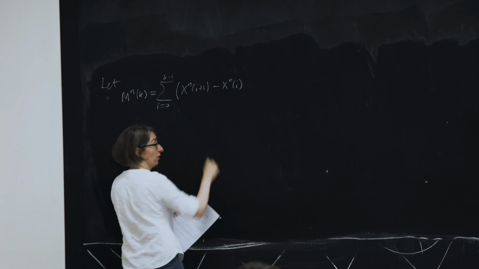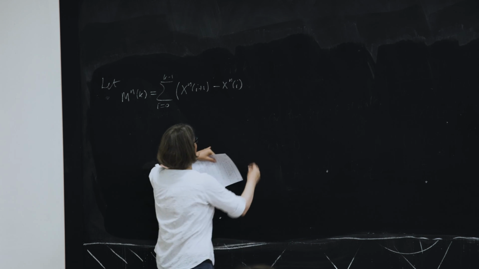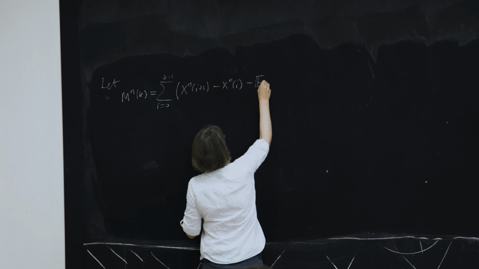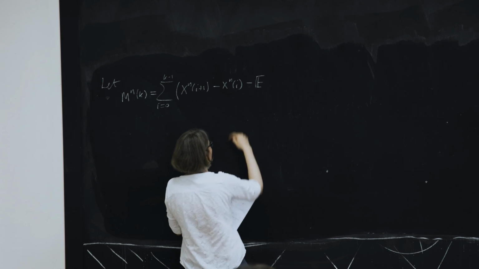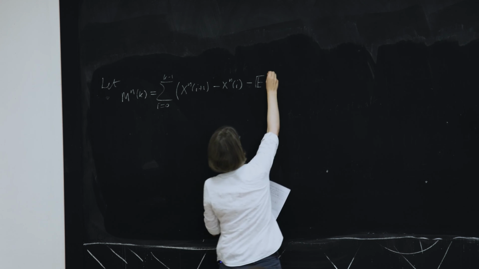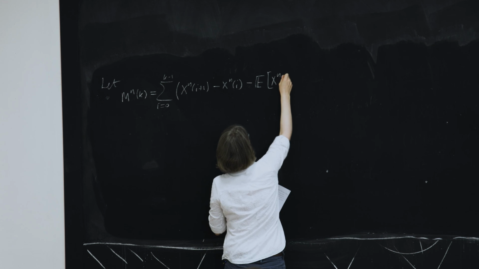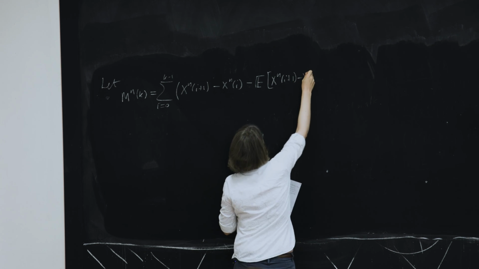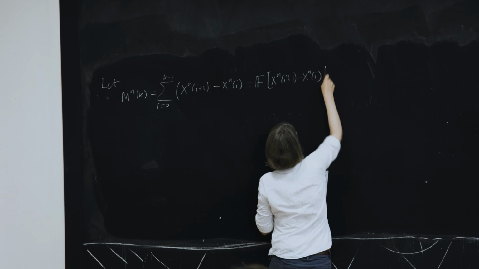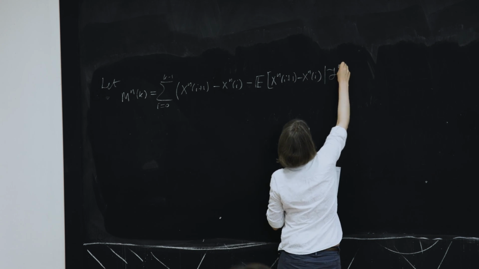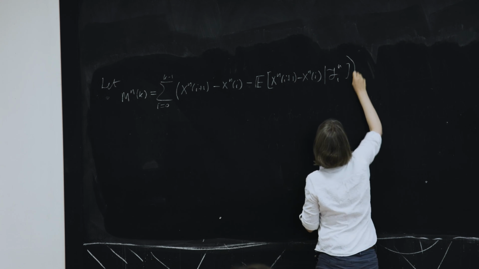So this is an increment of my process, and I'm going to subtract off the conditional expectation of this increment given what I knew at time i.